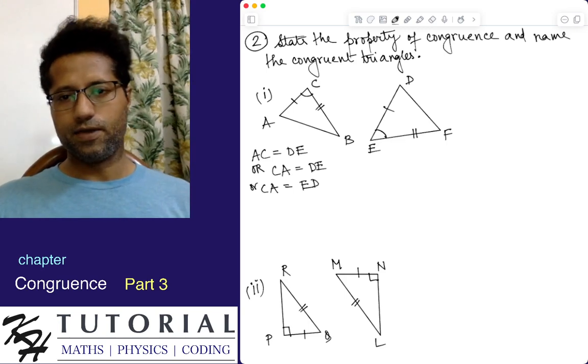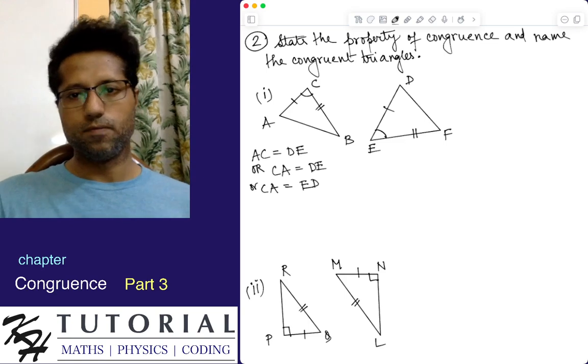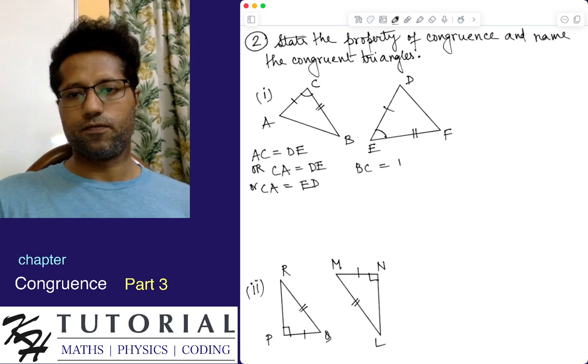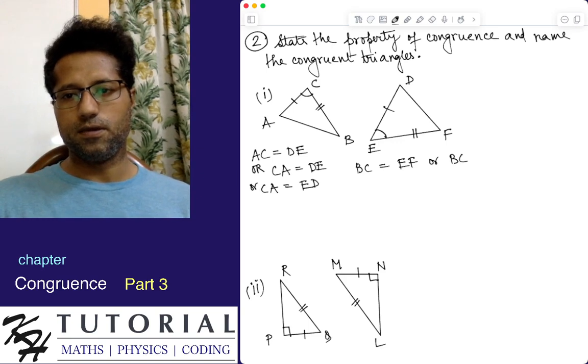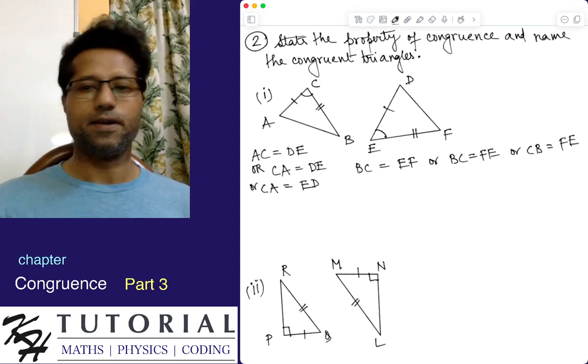Okay, what else we have? We can see that two sides are given to be equal. So we have also, let's say, BC is equal to EF. Now I can also say this BC is equal to EF or BC is equal to FE, or CB equals to FE. This will not matter.